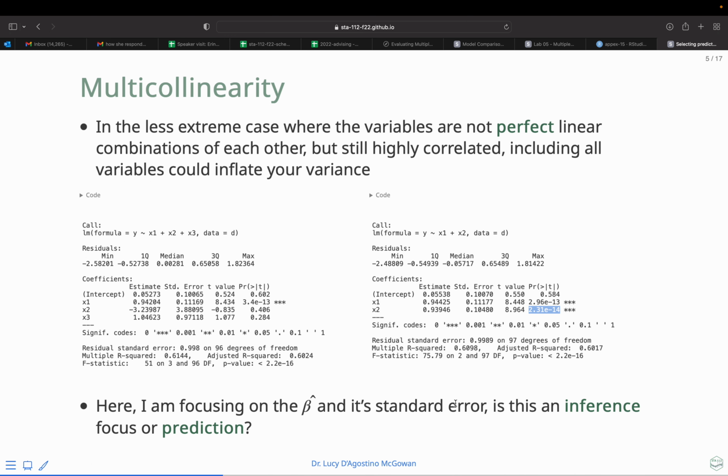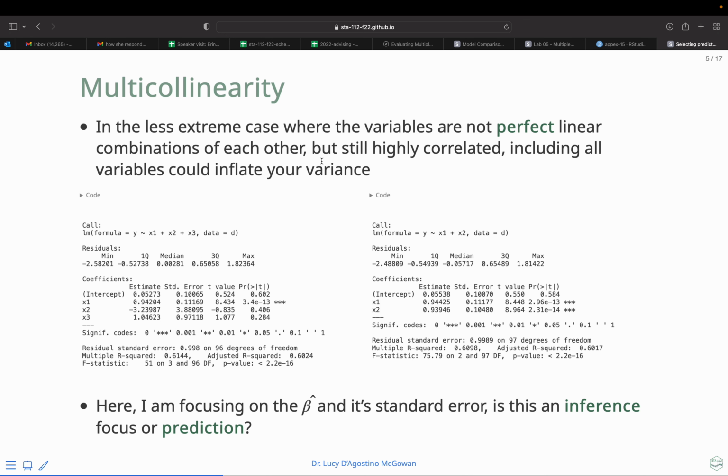This is a little tricky, because I was talking about prediction up until this point, but because I'm focusing on these beta hats and standard errors, when I'm looking at these actual values, I'm concerned with inference. Prediction is when I'm looking at the combination of all of these, and maybe looking at metrics like R squared and adjusted R squared to see how well these models perform overall. But when I'm looking at the actual coefficients themselves, that often means I'm interested in inference.